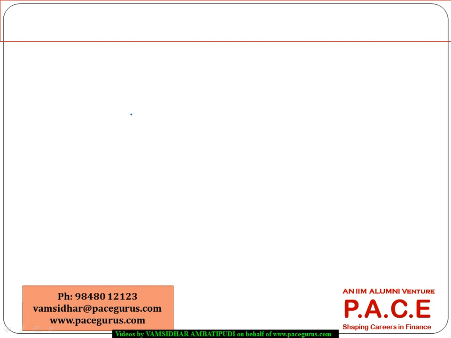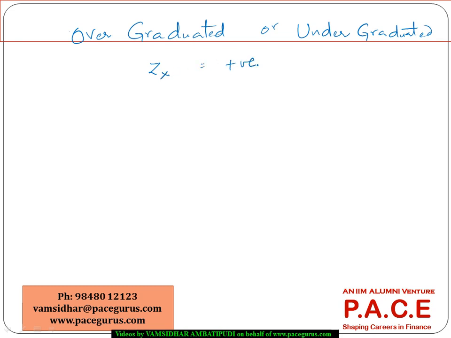Now, one more important drawback which we have seen with the chi-square mechanism is that the overall graduated rates can be either overgraduated or undergraduated, right? When I am looking at the ZXs, it may be possible that all ZXs are positive or all ZXs are negative.